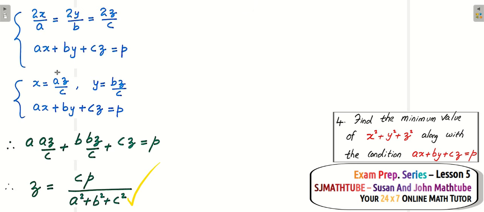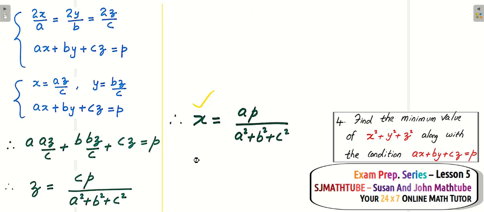Okay, now I will plug in this z value here. So I'll get x equal to a by c times c p by a square plus b square plus c square. So cancelling. Okay, so here we go, and finally this.